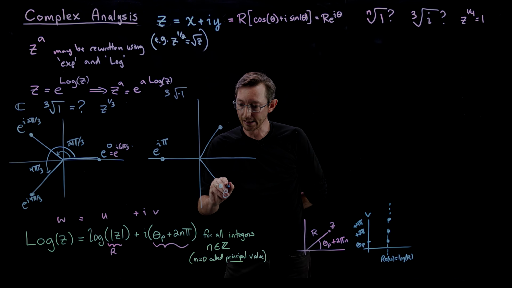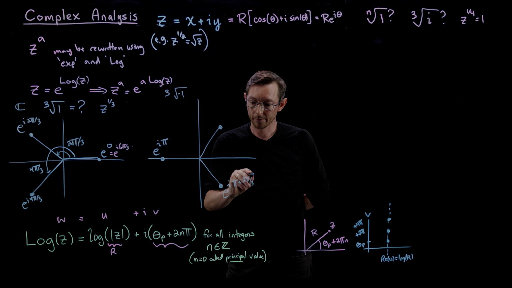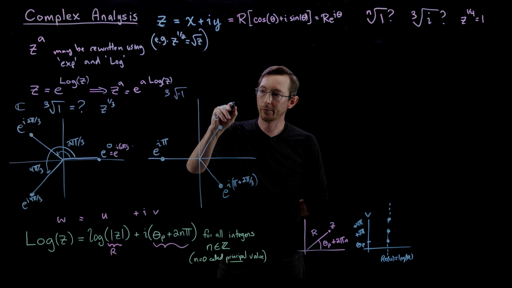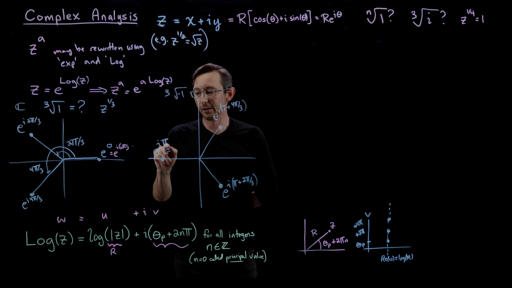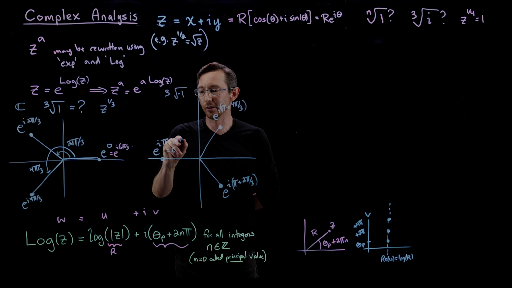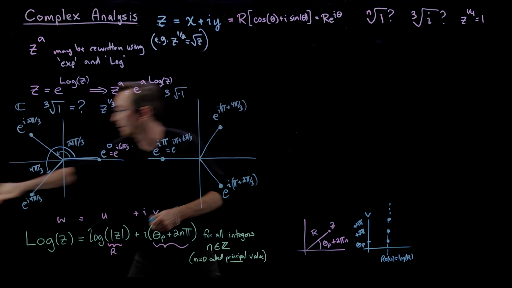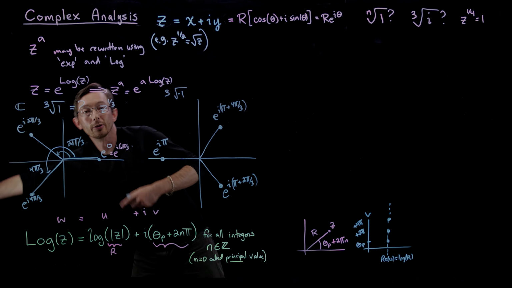This is e to the i pi plus 2 pi thirds. This is e to the i pi plus 4 pi thirds. And again, this is also equal to e to the i pi plus 6 pi thirds, and so on. So it repeats at some point. And these are the unique cubed roots of -1.